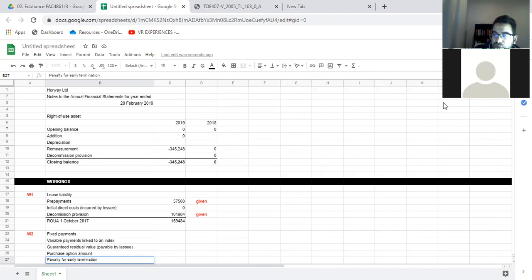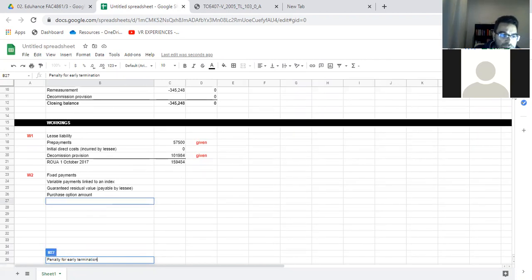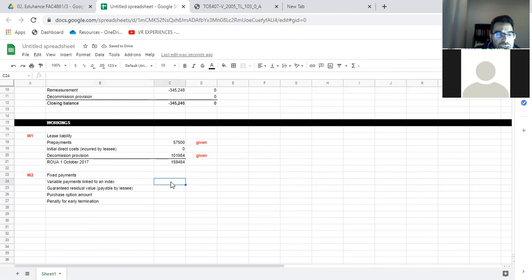Okay, so there we go. Okay, so variable lease payments, there is nothing. Guaranteed residual value, there will be nothing. The purchase option, there's no purchase option, and there was nothing for the termination of the lease.